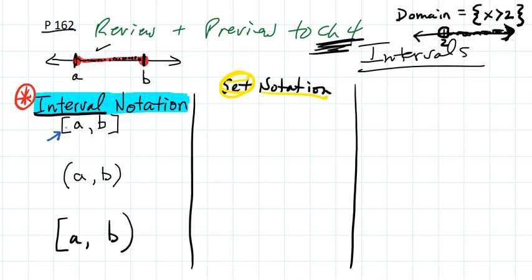One is a square bracket. If you see a square bracket, that means the values include the value here. So this includes a. That's what the square bracket means. And of course this other square bracket also means it includes b.